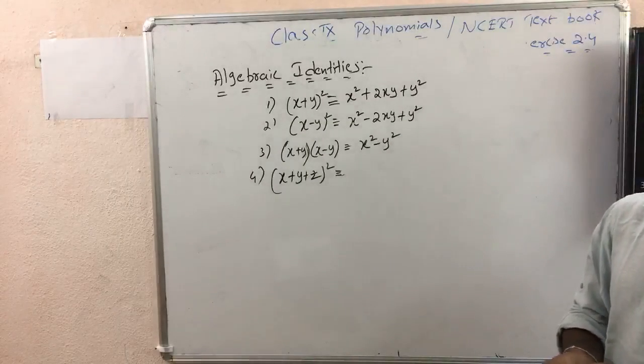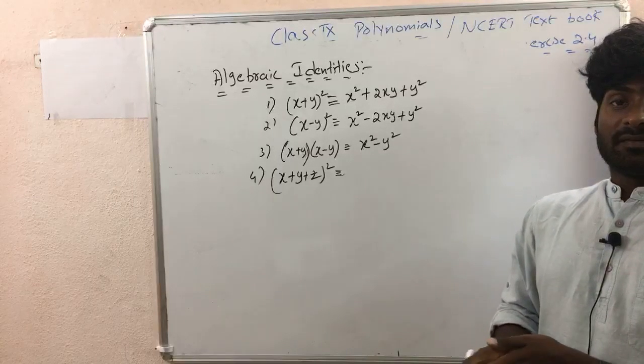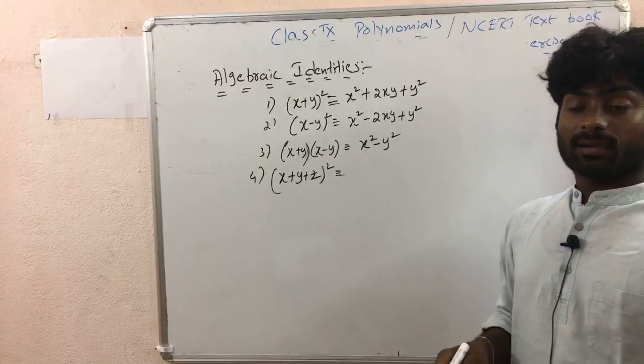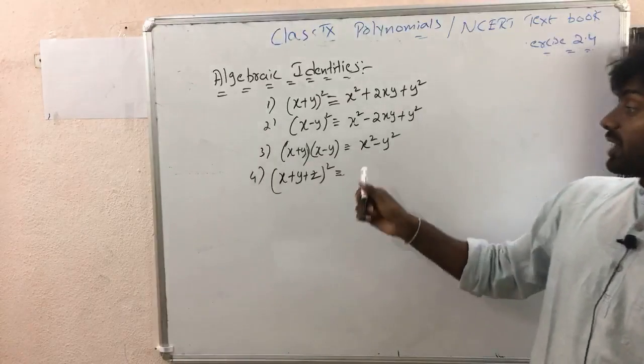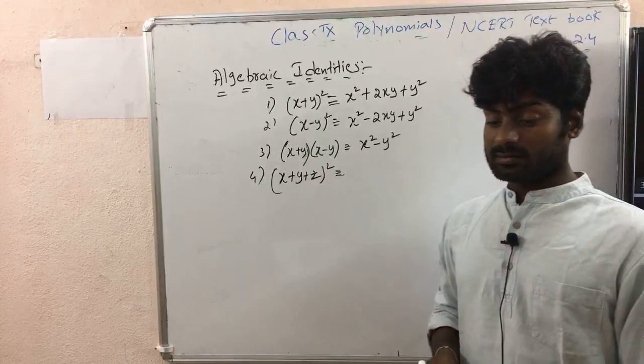Everyone who is watching, type your answer in the chat box. Don't worry about the answer. First type what you are thinking, whether it is right or wrong. I am asking you to get the identity x plus y plus z whole square.